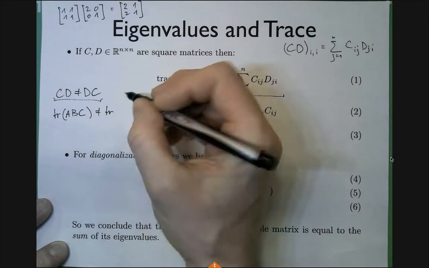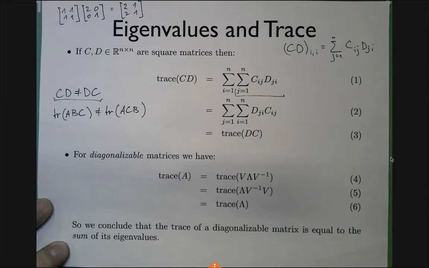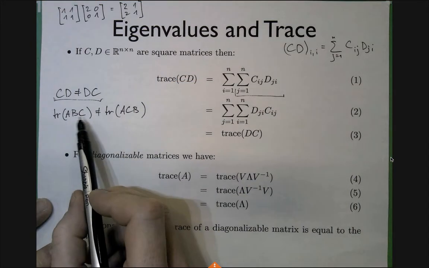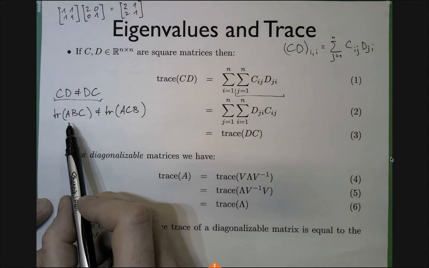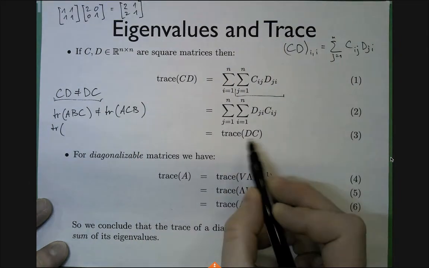This would not be true. If I have 3 of them, you cannot flip the order arbitrarily. What you can do is exactly what's written here, and that's all you can do.